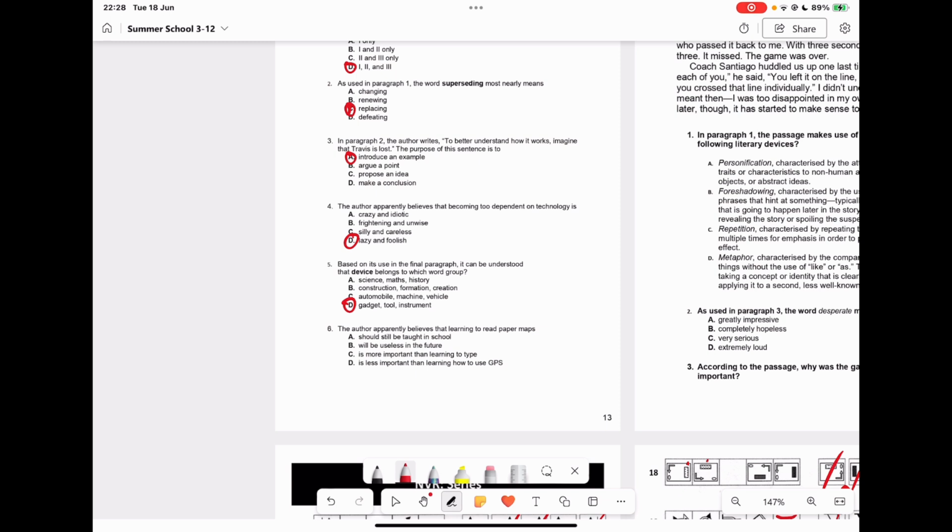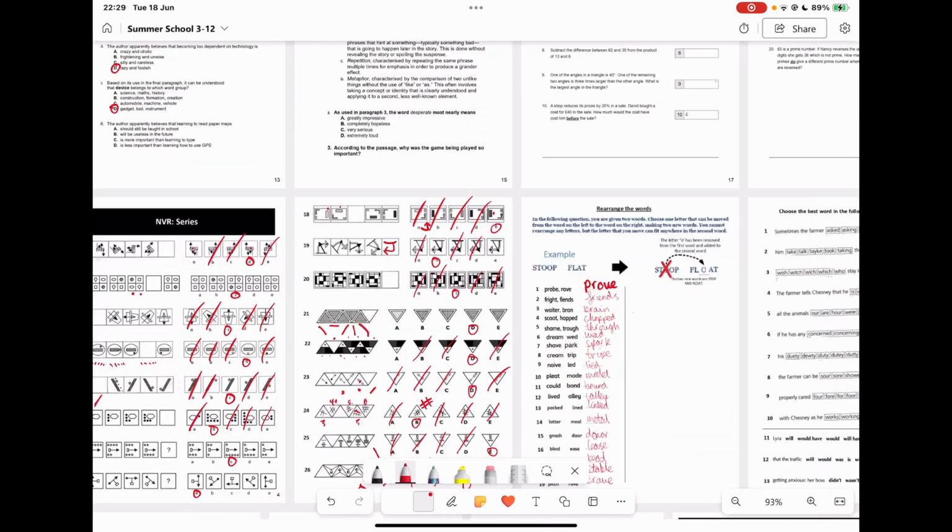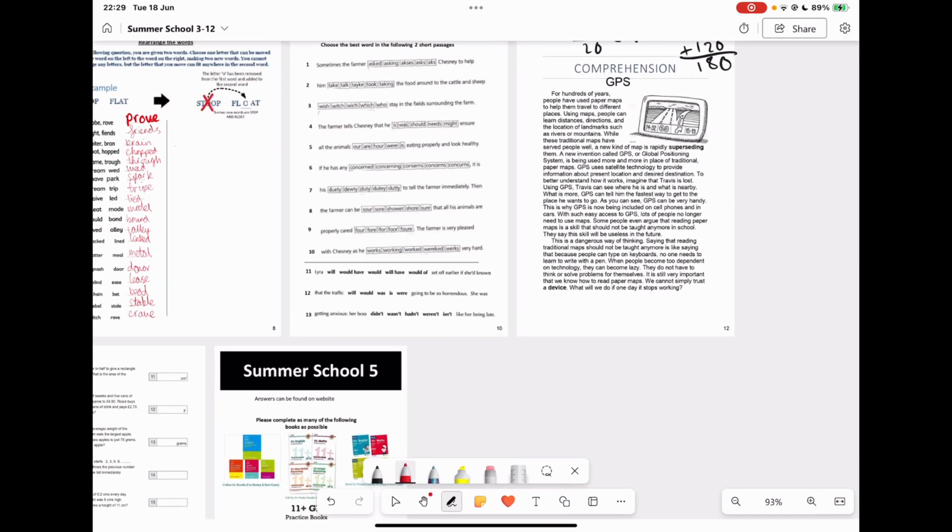And then the author apparently believes that learning to read paper maps should be taught in school, will be useless in the future, is more important than learning to type, or is less important than learning how to use the GPS. So we can see that in the final paragraph they do discuss this.